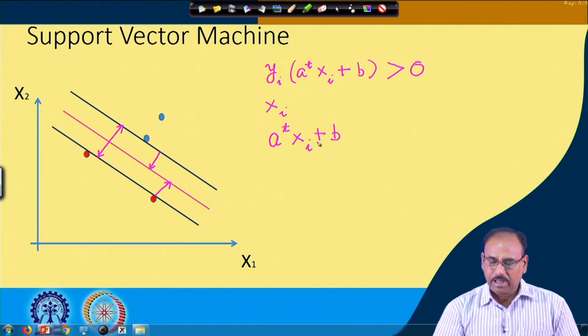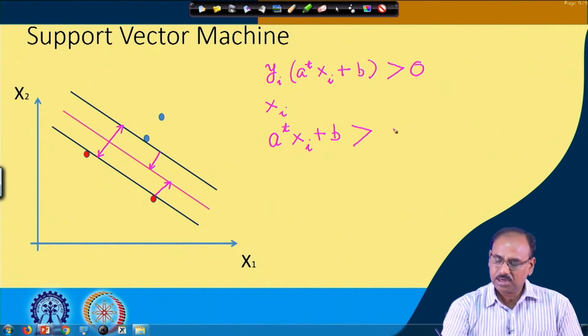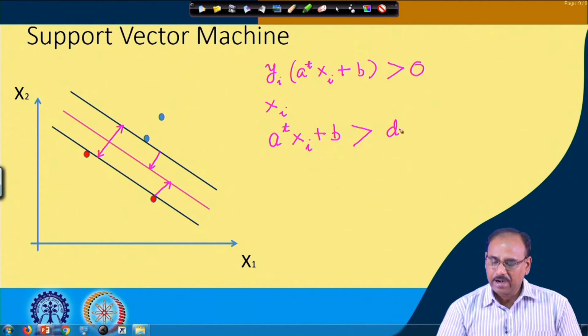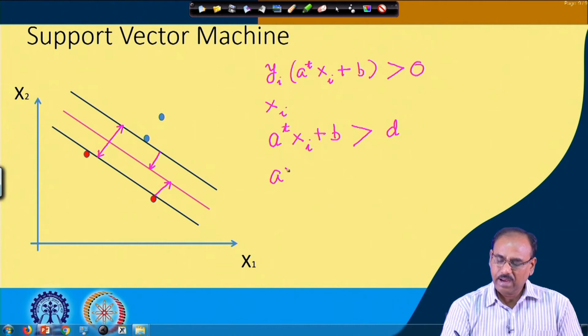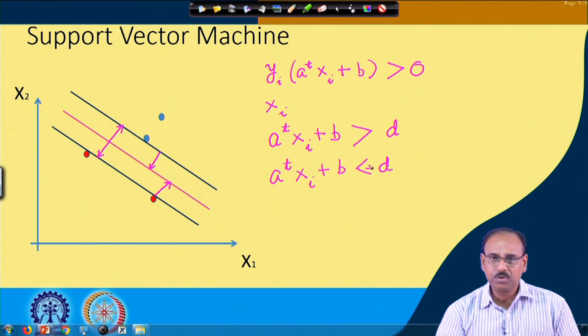For any non-zero value, if x i is taken from class omega 1, then I must have A transpose x i plus b greater than a certain threshold, say d, and if x i is taken from class omega 2, then A transpose x i plus b should be less than minus d. This should be true for all the training samples, whether taken from class omega 1 or class omega 2.